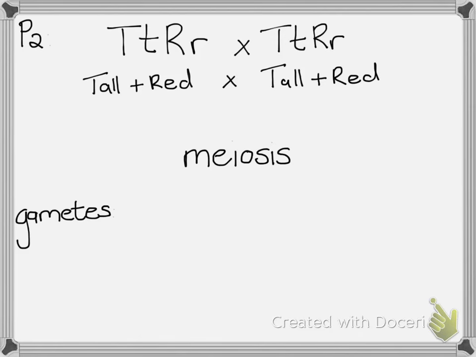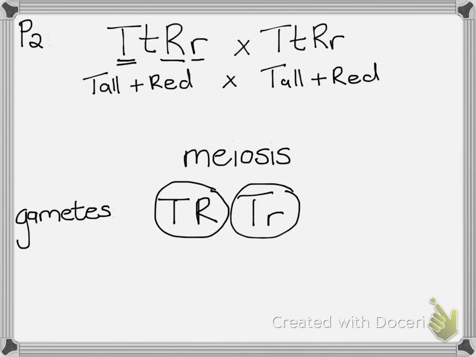And remember, we do one set of alleles at a time, meaning we do one parent at a time. So you're going to take one letter T and the other letter R, and I'm going to put that in a gamete. Capital T with the small r. I've used the capital T twice, so I can't use it again. Now I'm going to use the small t and the capital R.